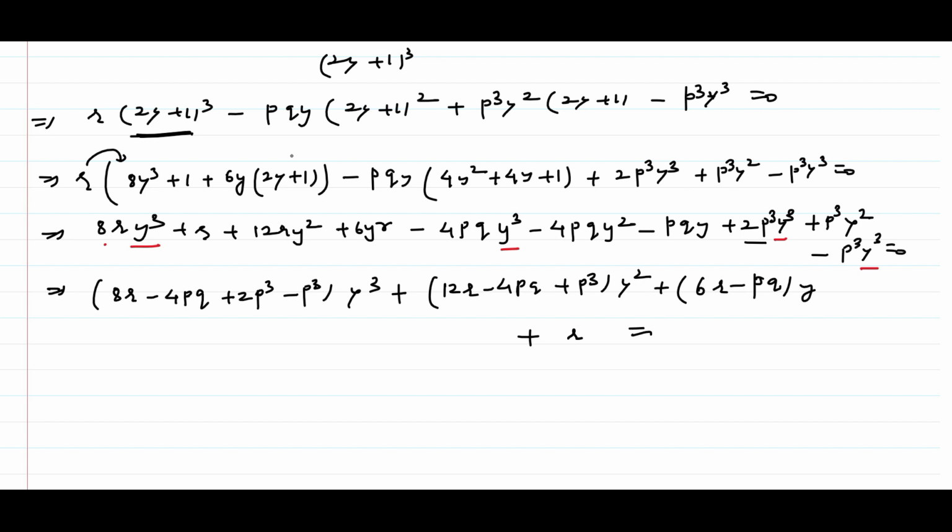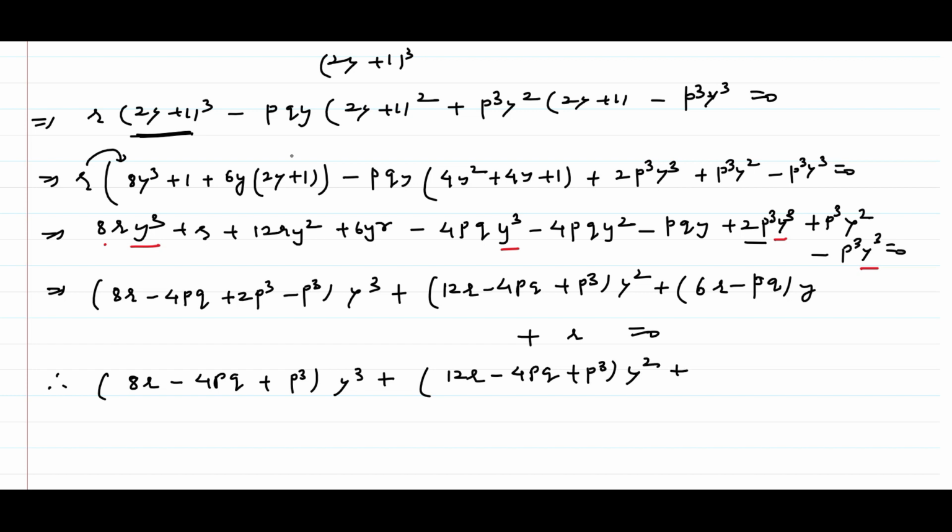So further simplifying, we will get 8r negative 4 times of pq plus pq multiplied to y, plus 12r negative 4 pq plus p to the power 3 y square, plus 6r negative pq multiplied to y plus r is equal to 0.